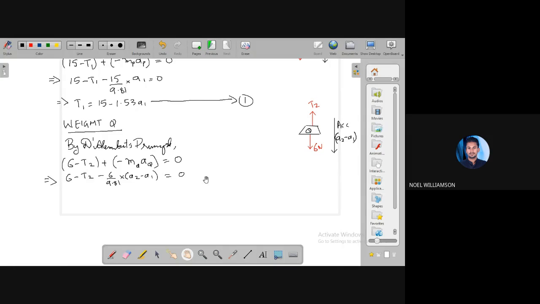On simplification we get the relation T2 equal to 6 minus 0.61 into (A2 minus A1), which is equation number 2.